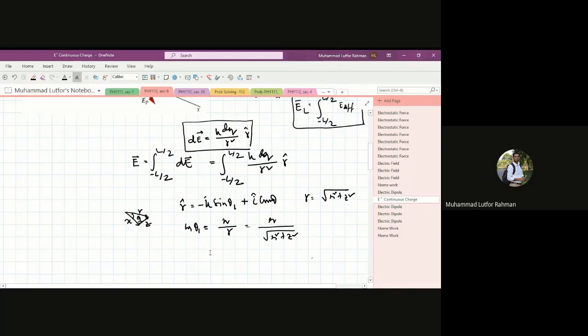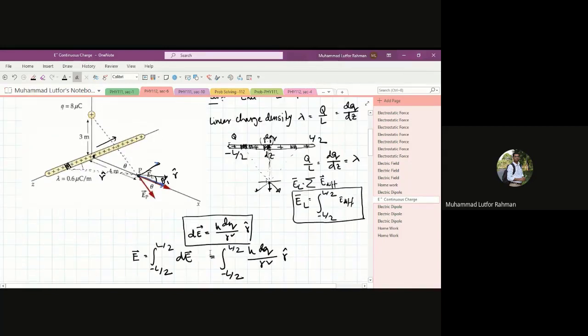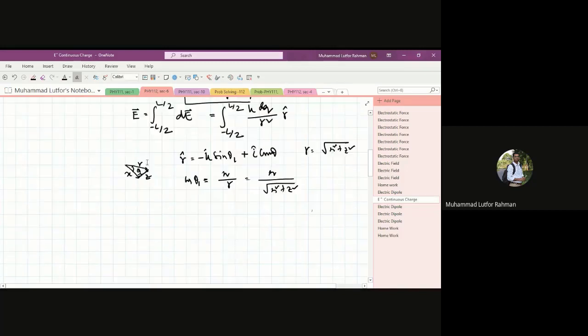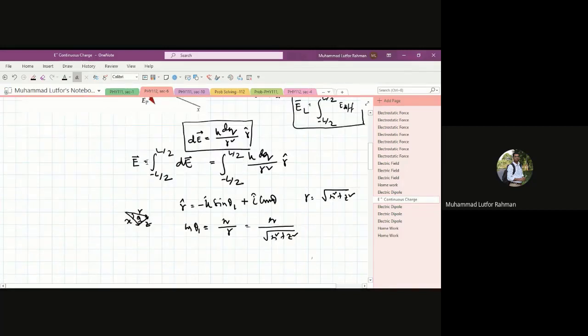Now, by analogy with this, you will find one more case, and this one will be also the same over here, but it will be towards that direction, so they will cancel out each other. So I'll find only that cosine component over there.